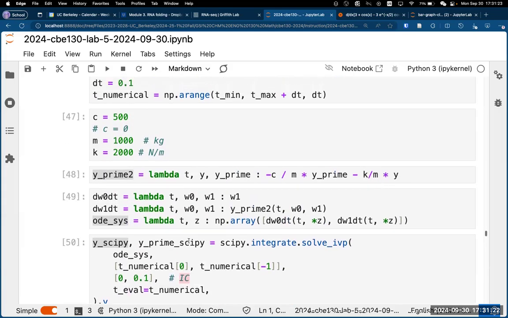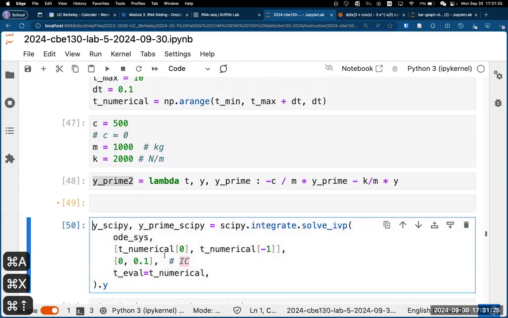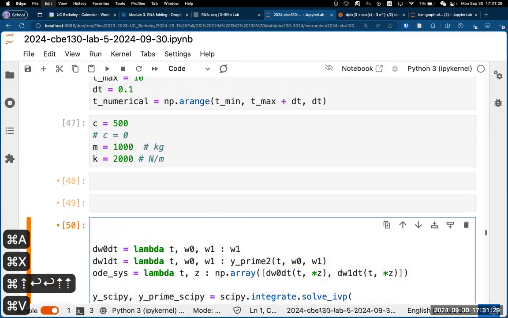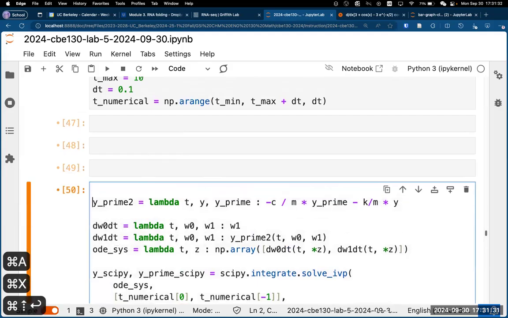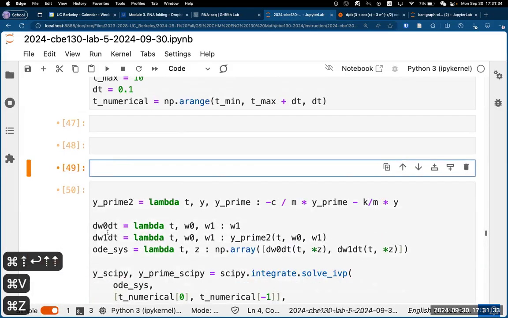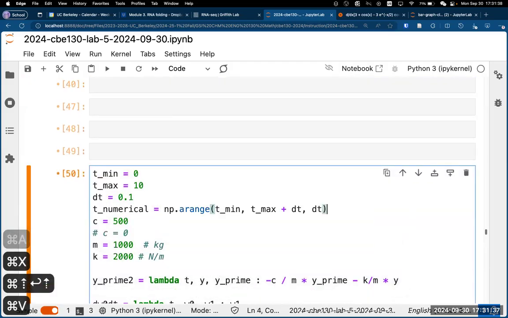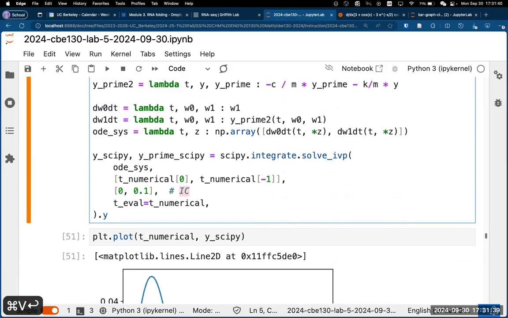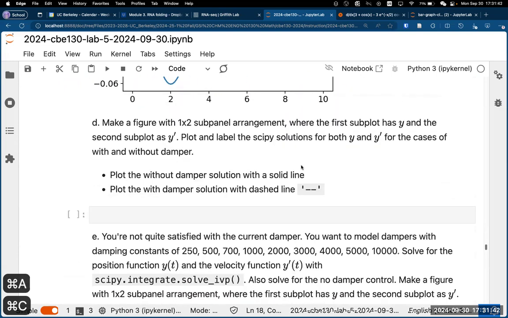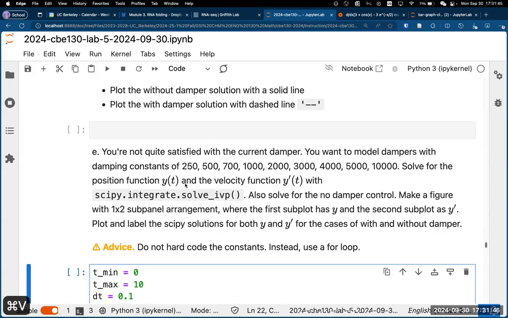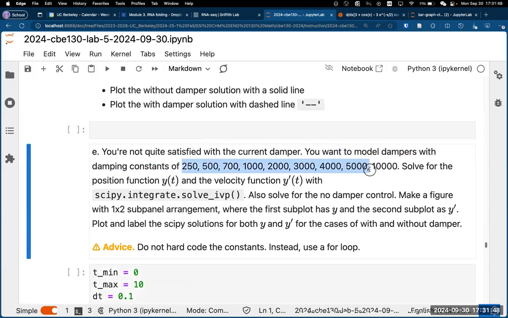So I'm gonna copy and paste everything here to one single cell so I can transfer it over. Okay, I got everything. So if we want to do multiple constants, do not input it using hard coding. It's very tedious.